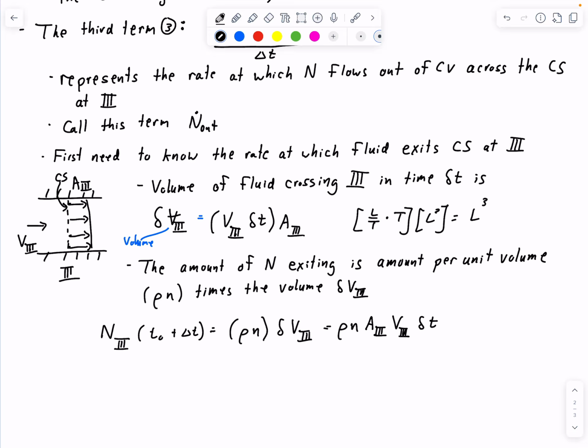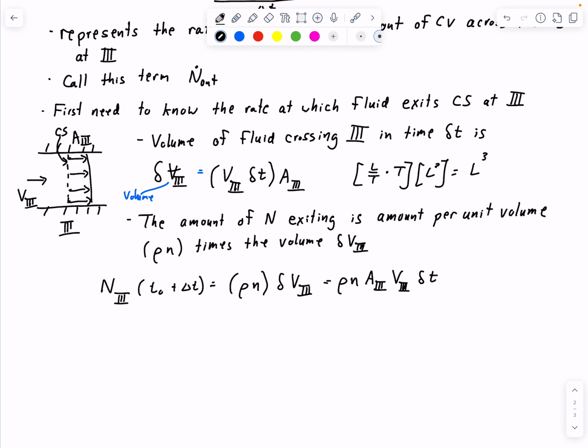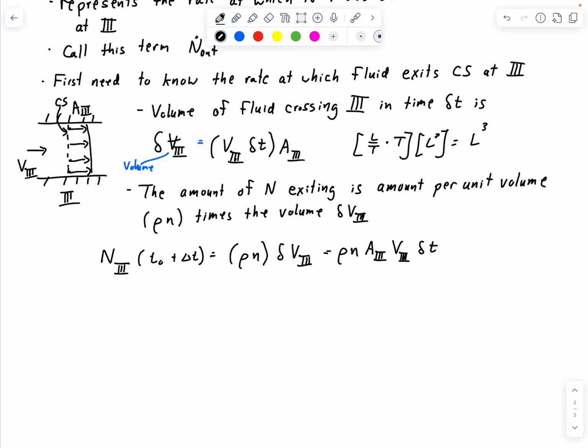So that's the amount of the extensive property N at time t naught plus delta t that's crossing this surface.